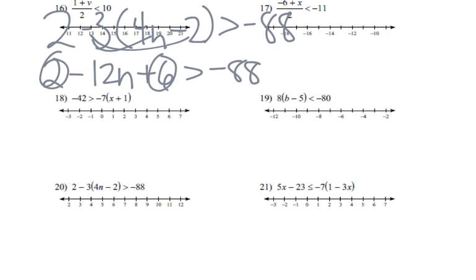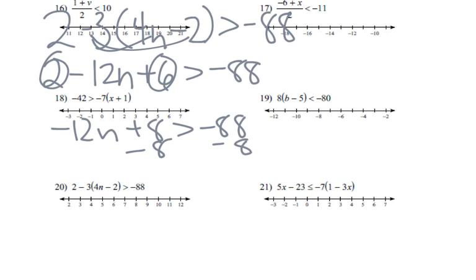Same side, so I can combine them. Negative 12n plus 8 greater than negative 88. Subtract 8. We get negative 12n is greater than negative 96. Divide by negative 12.